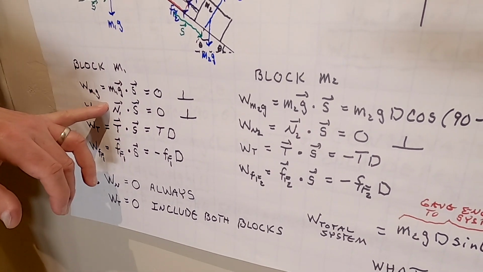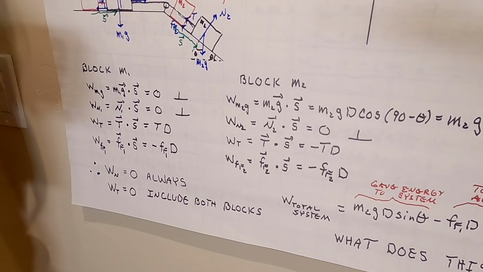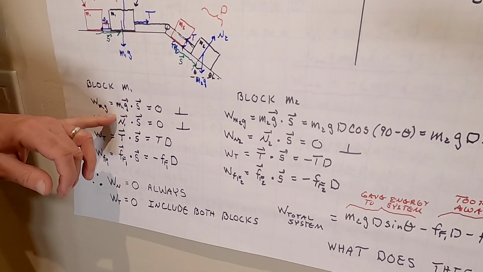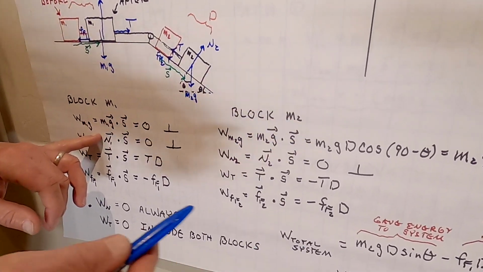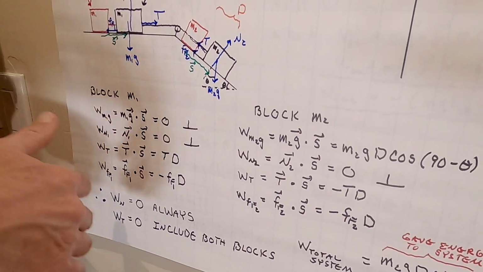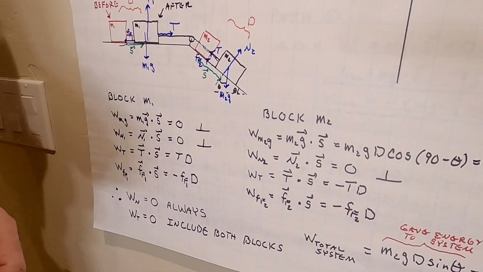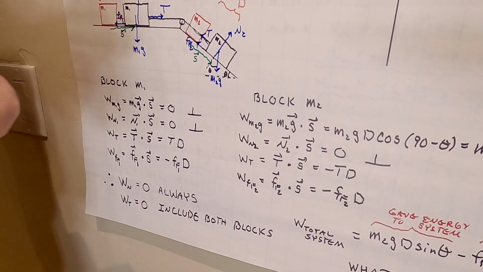Why? They're always perpendicular to the way you're moving. And even if we had a couple of problems where they were in the same direction, when we had horizontal normal forces, when you looked at the other object, that was going to always cancel itself out. So we never have to deal with the work due to the normal.